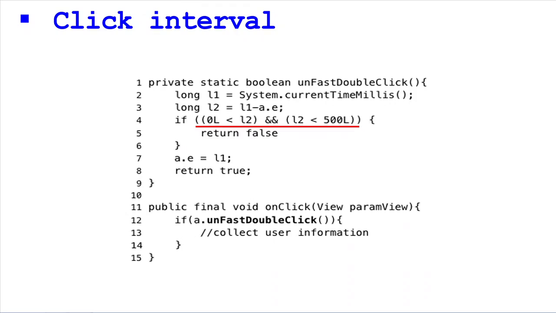Also, in this case, the sensitive operations are guarded by a condition: the time interval between two clicks must be larger than or equal to 0.5 seconds. This is also because automatic clickers, such as monkey clicker, usually try to click as much as possible within a very short time window.